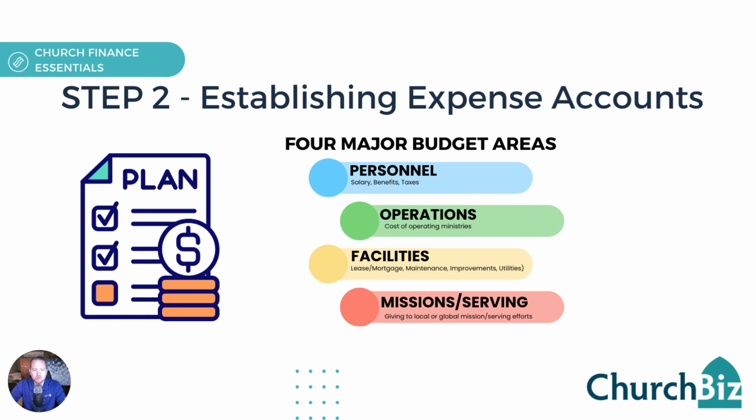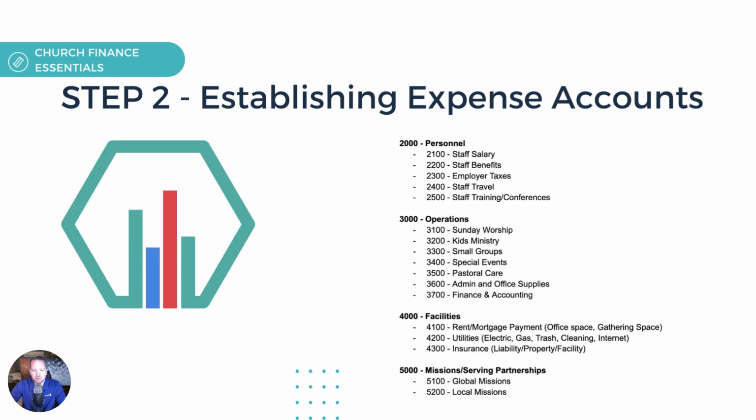And once you have those, you can then start to build your expense accounts. You can see here in my example, I start with personnel. And I've given a number scheme to this. That number scheme is very broad and also allows you to get more detailed as you go as a church.